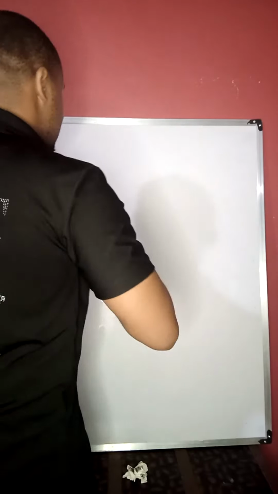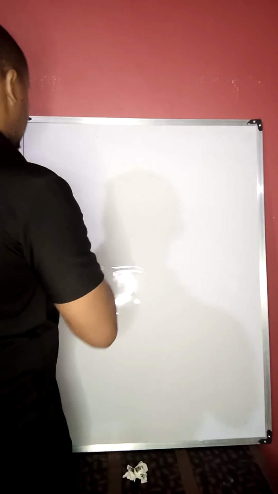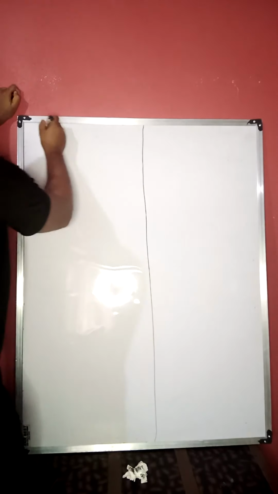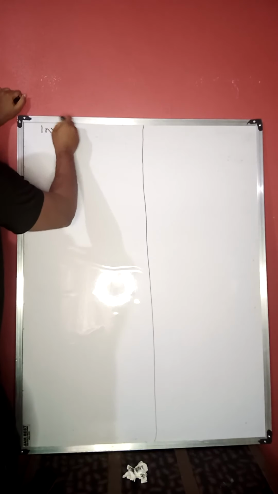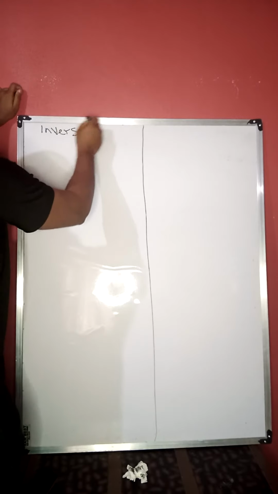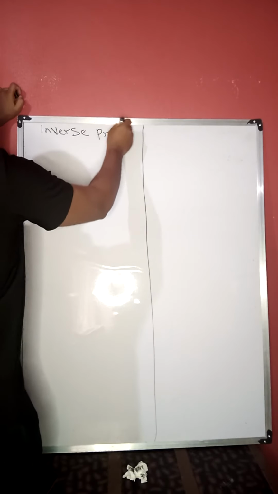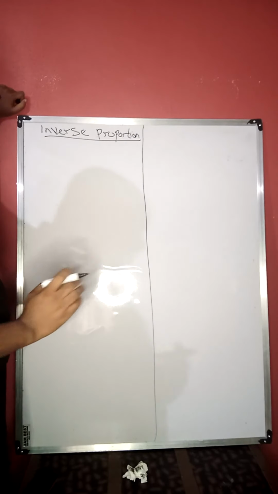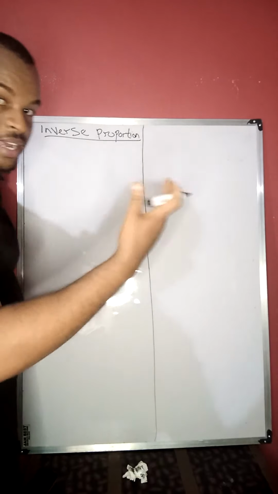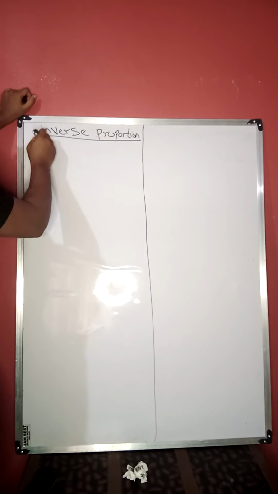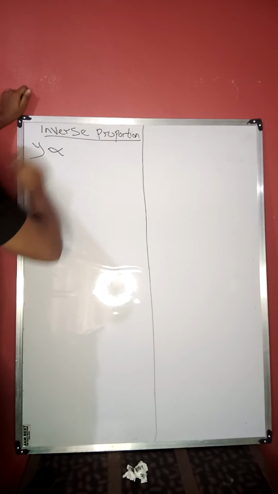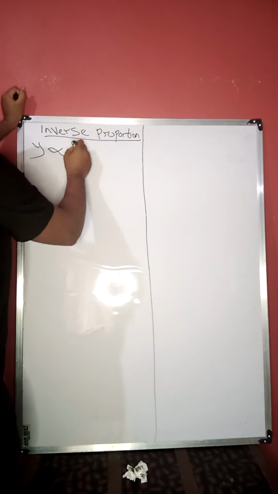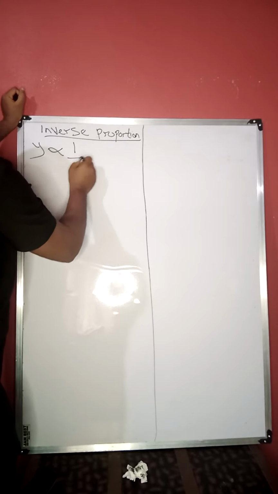Follow me on the board, please. Inverse proportion. In inverse proportionality, where I have two variables, let's say y, is inversely proportional. Because of that word inverse, it's 1 all over. Inversely proportional towards x.